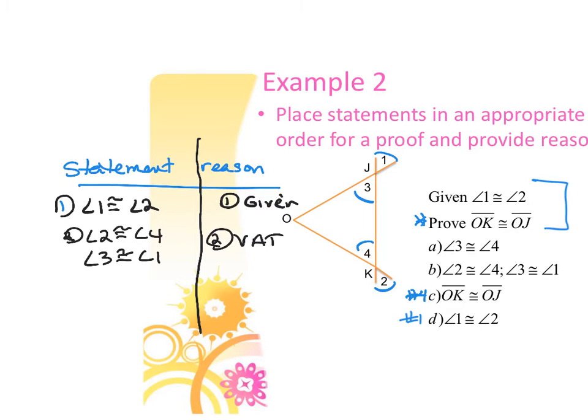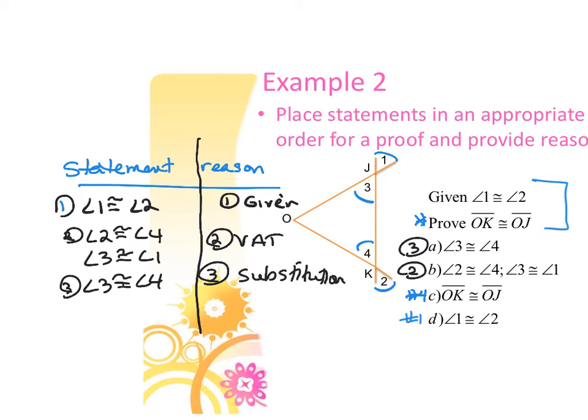And now I can use my substitution or my transitive. Let's see, I'm actually going to do substitution on this one. So this one's number 2, so this one's number 3. So for number 3, angle 3 is congruent to angle 4, and that's substitution.